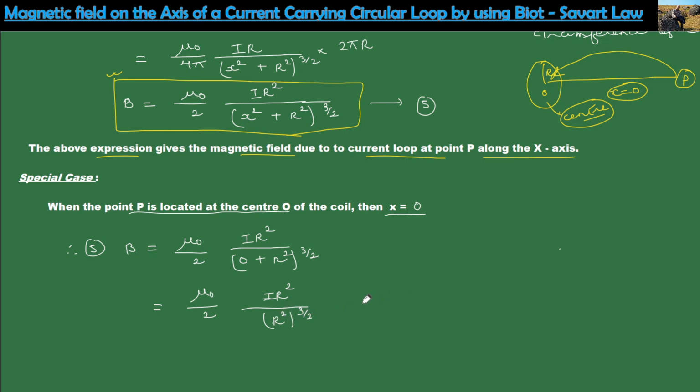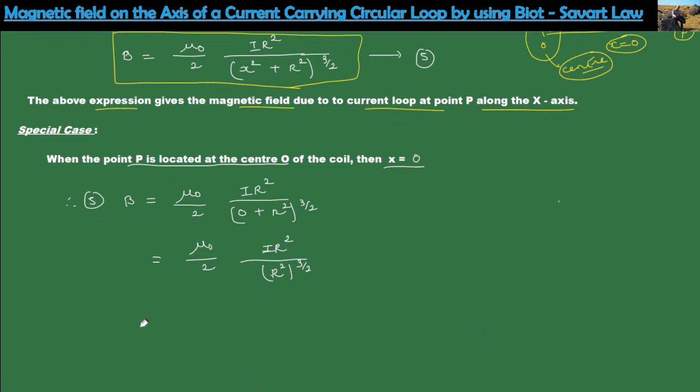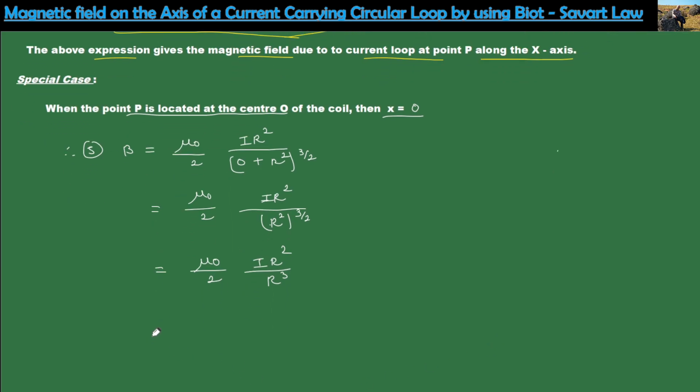This 2 and this 2 will get cancelled. So you get an expression of this form: mu naught divided by 2, I r square divided by r cube, which means that r square and r cube can be cancelled, which gives us the final expression.